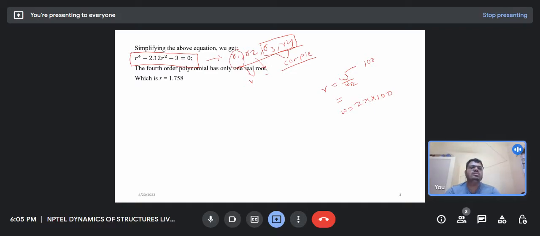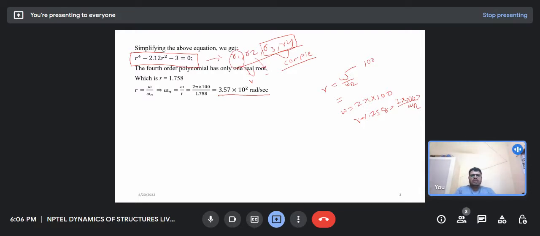And omega n you have to find out. So r equals 1.758 equals 2 pi into 100 divided by omega n. From here you can find the natural frequency. It comes out to be 3.57 into 10 raised to power 2 radian per second.